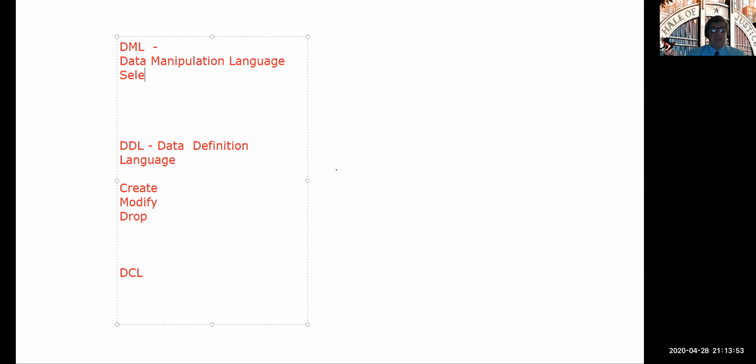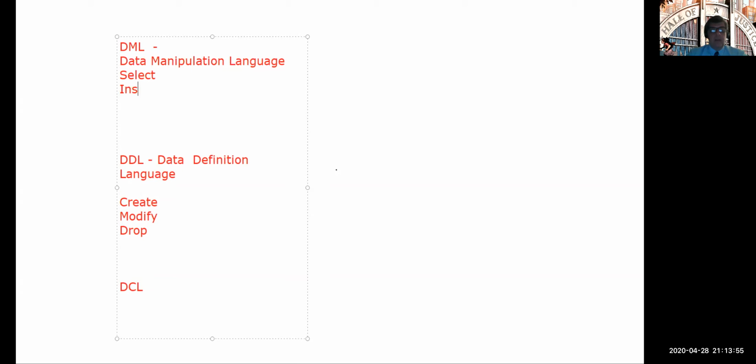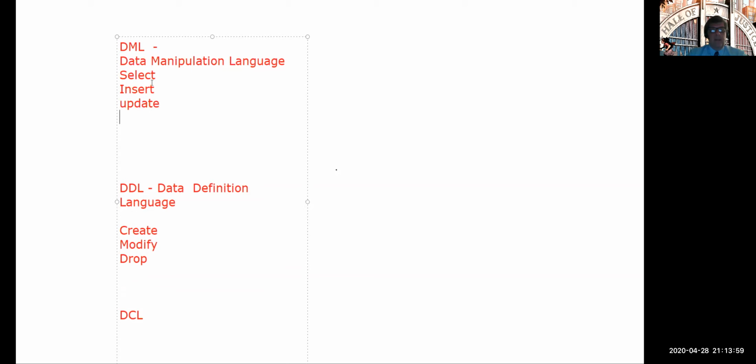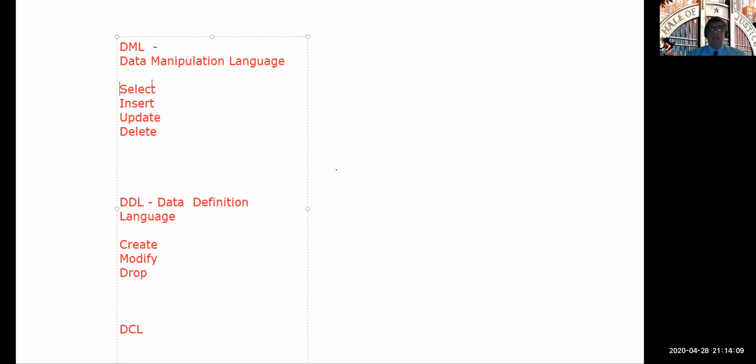And those are select, insert, update, and delete. Those are the 4 commands you deal with here. Select gets the data, insert puts the data in, update changes the data, and delete deletes the data. Again, 4 commands, pretty straightforward.